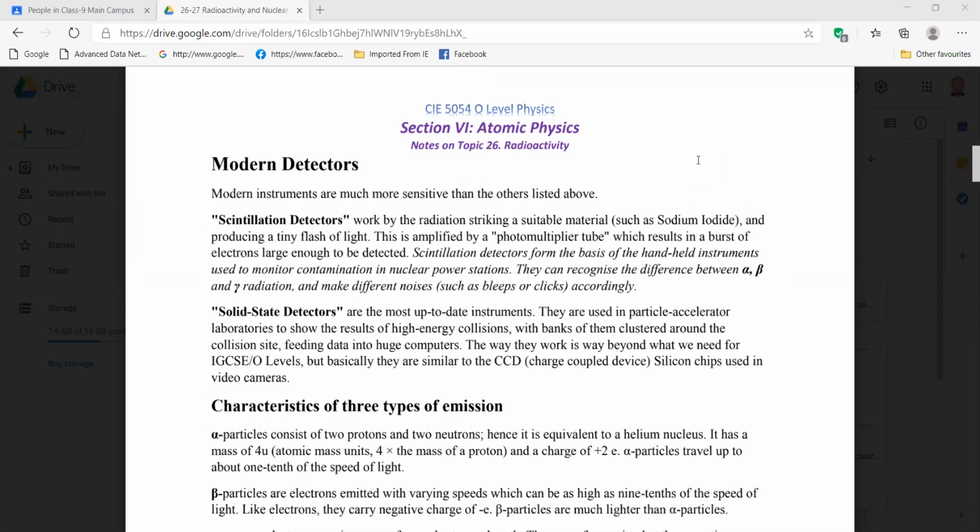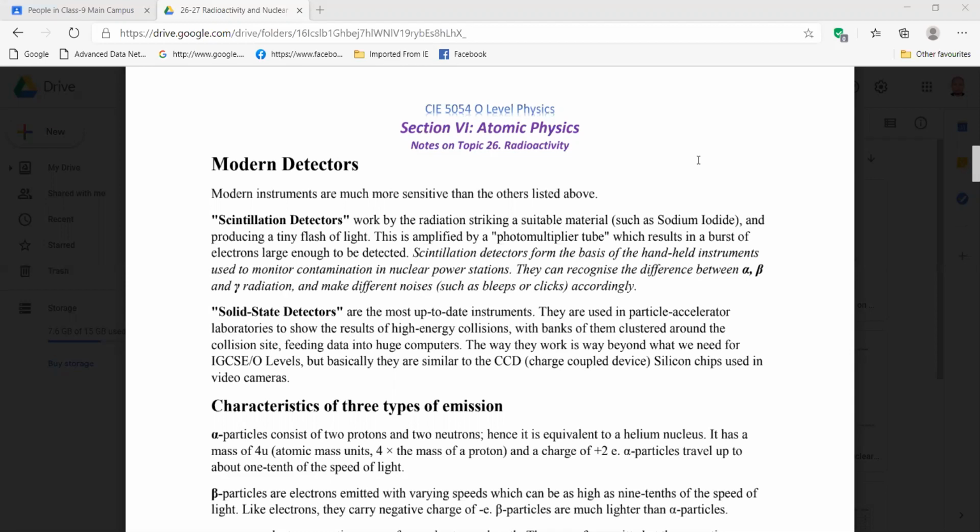We are having some metal detectors, right? Hand-held metal detectors. Can you remember in our school also sometimes, or in some places where VIP people are going, the guards are using metal detectors, right? Hand-held.